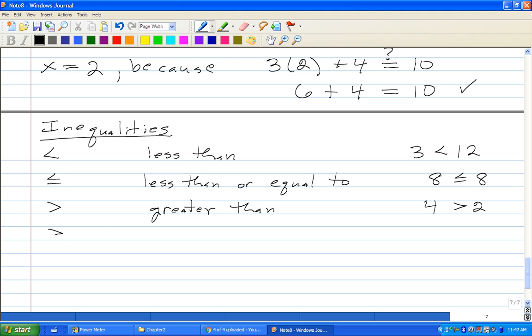Greater than or equal to. 4 is greater than or equal to 2 because it's greater than.